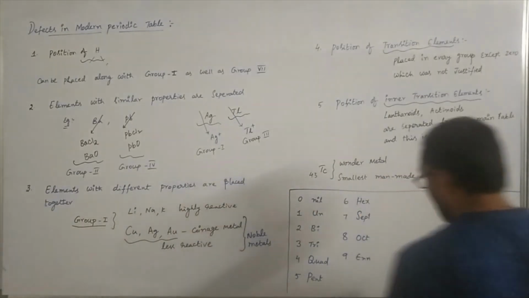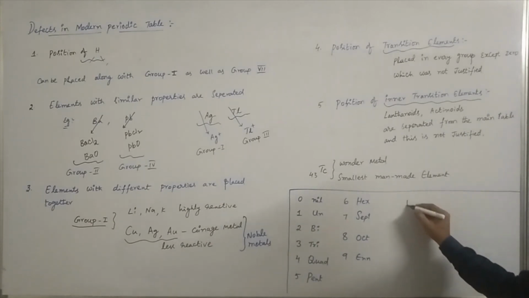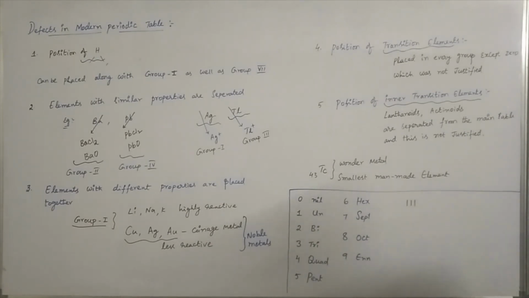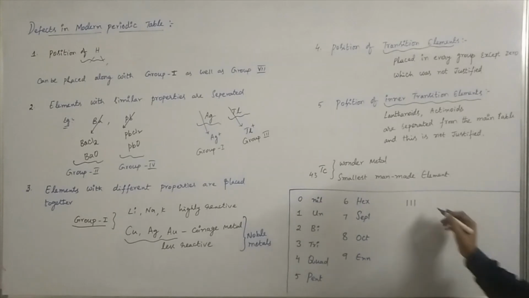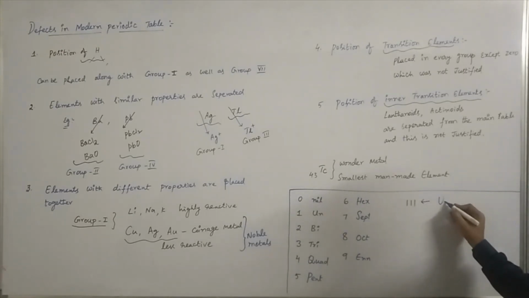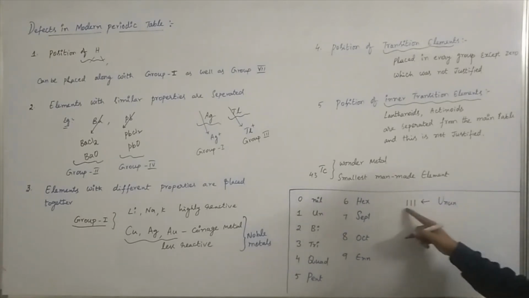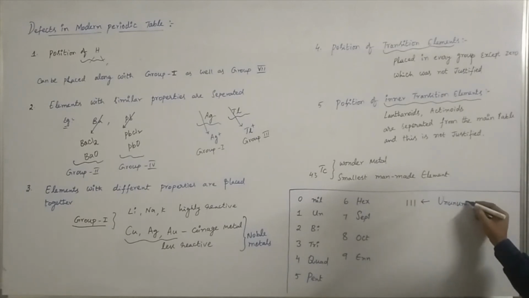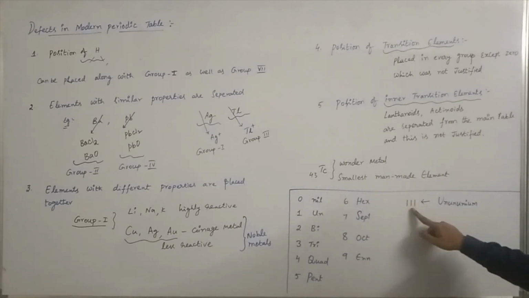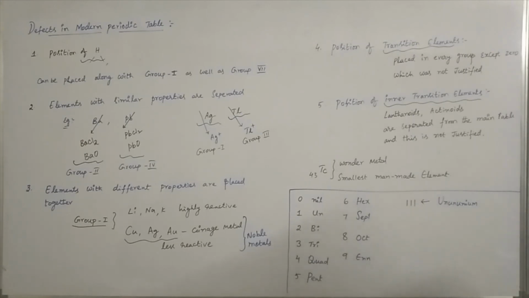For example, if the element's atomic number is 111, then it is unununium, last line. Unun... Right? Symbol is Uuu.